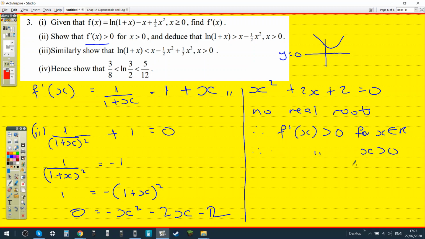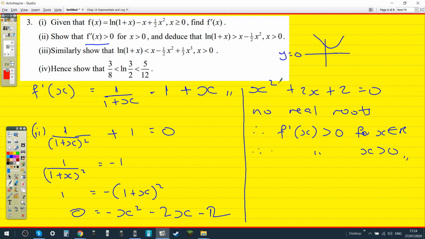Okay, what about the second part? Deduce. I don't know. They just subtracted, which I don't really understand. ln 1 plus x. They just did the whole f of x is greater than 0, and then took away x and minus half x squared. So I don't really see how that works.